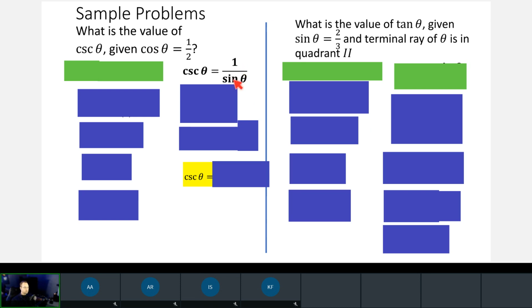The problem is, I don't have sine. So now we have to remember this is a puzzle. We're trying to figure out what we need to get the cosecant from cosine. So looking at your identities involving sine, which ones have sine of theta in them? You can go ahead and write in chat, and instead of theta, just use x.